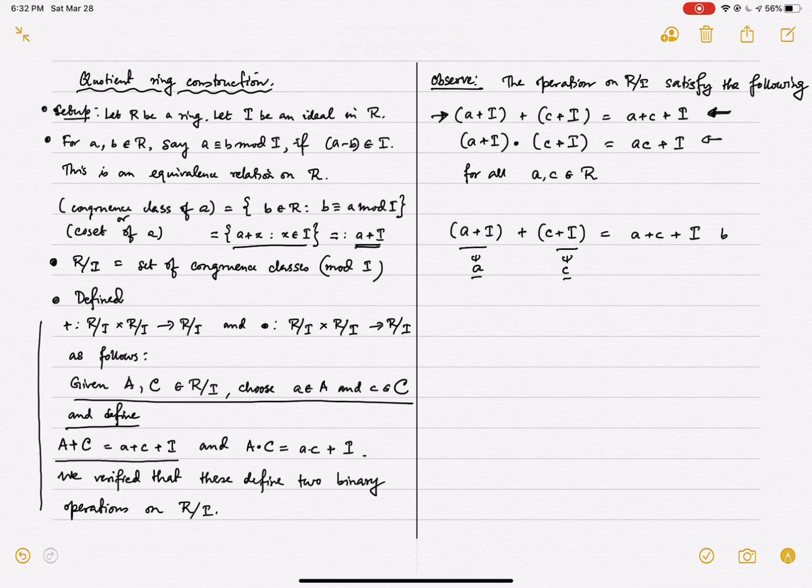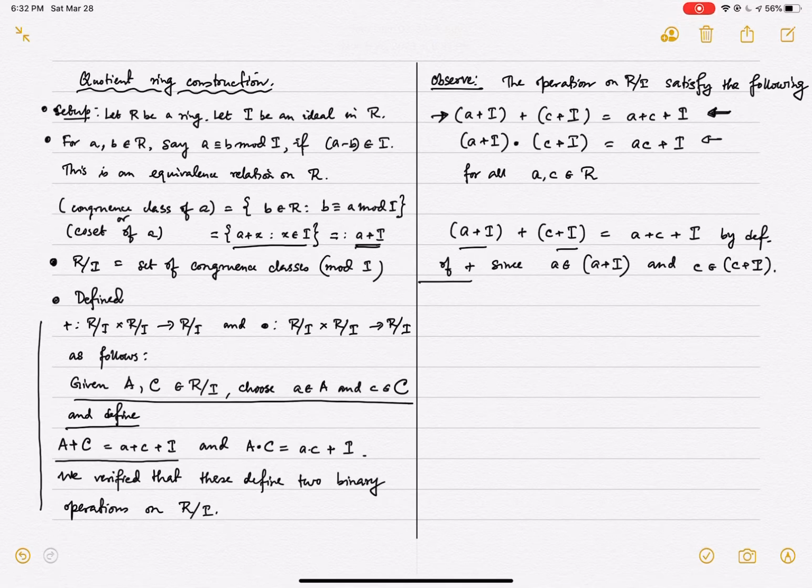This is true by definition of plus, since a is in A plus I and little c is in C plus I. Okay, that's all.